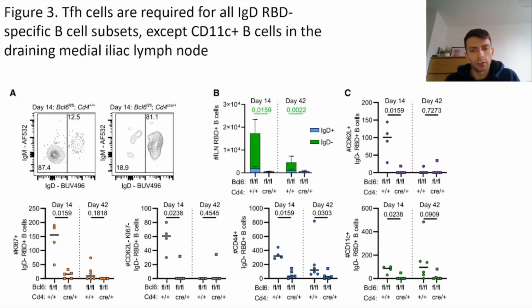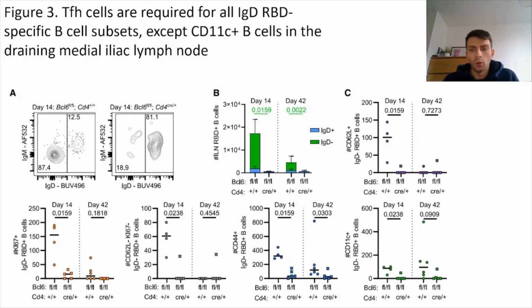We then took the subpopulation gating used in the t-SNE analysis of figure 1 and supplementary 2, and we applied it to these mice. And so we described the various subpopulations of IgD negative RBD specific B cells. We have the CD44 expressing cells in blue, the CD11c expressing cells in green, and so on.